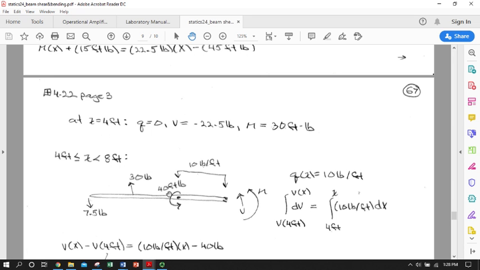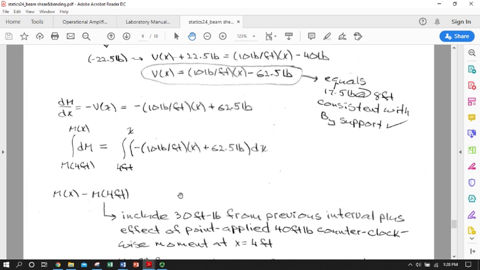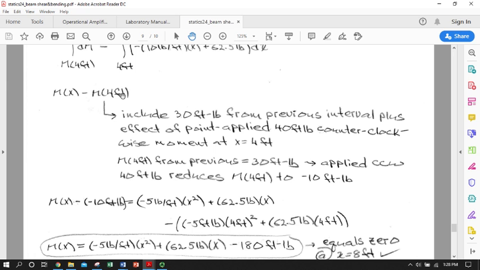But then we apply an additional 40 foot-pounds as we pass through x equals 4 feet. So 4 feet on the plus side, just a bit past 4 feet, is going to be our previous value plus the impact of what was applied by the point moment.